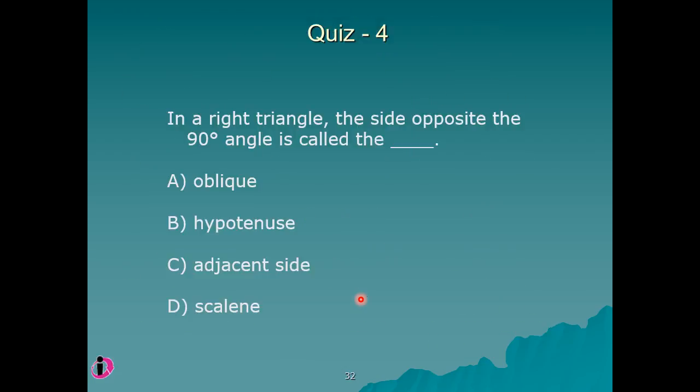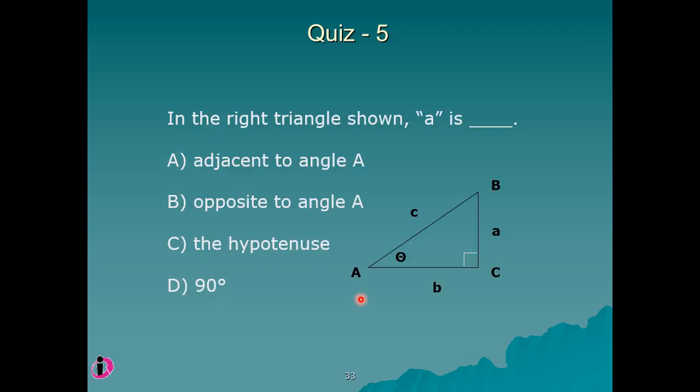Now let's try some quiz questions here. In a right triangle, the side opposite the right angle is called what? Hypotenuse, right? B. In the right triangle, small a is what?